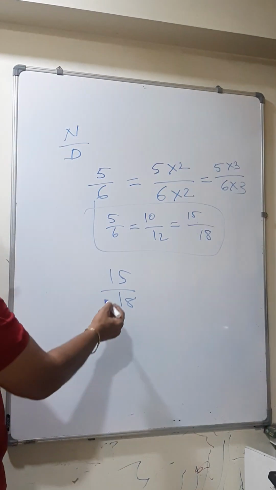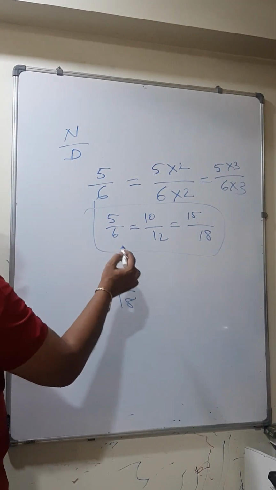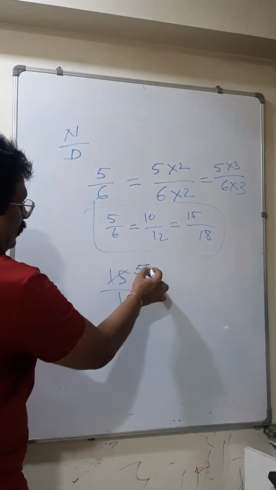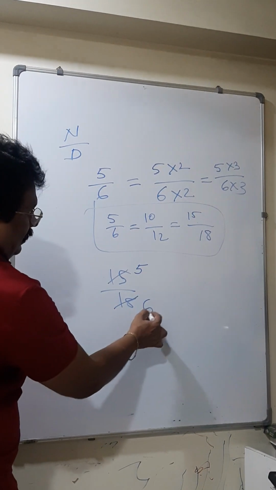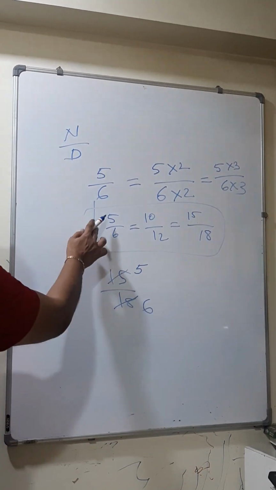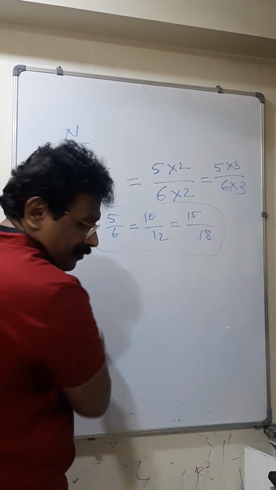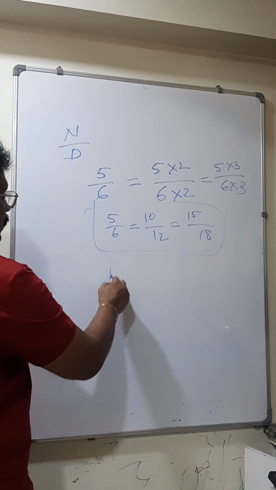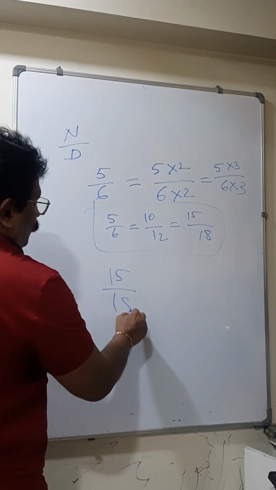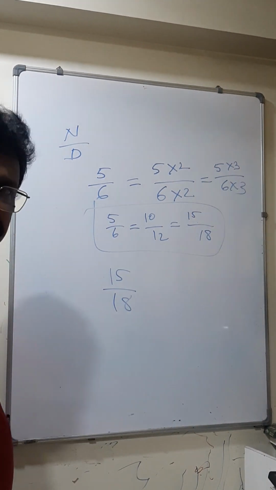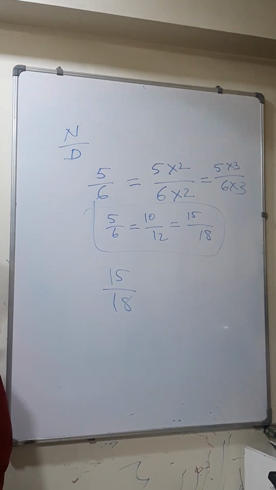How will you bring it here? Say 3 5s are 15, 3 6s are 18. So this is 5 by 6. In other words, what the property says, if the number is 15 by 18, you can multiply or divide with the same number.